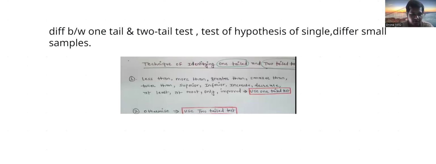If we are going to determine a small sample, then the size of the sample n is less than or equal to 30. So for a small sample, its size must be less than or equal to 30.